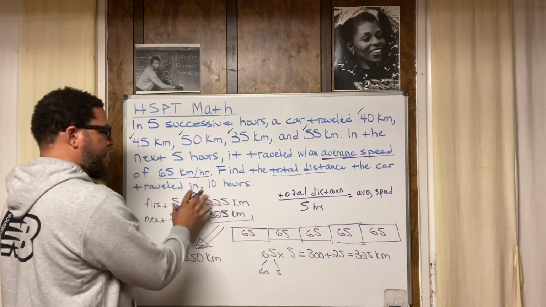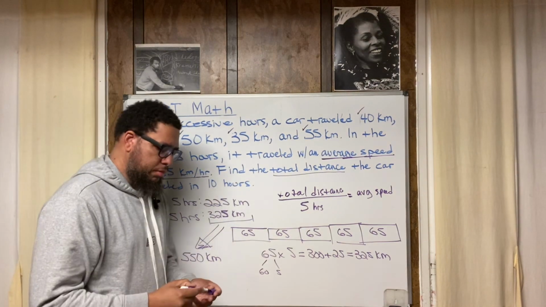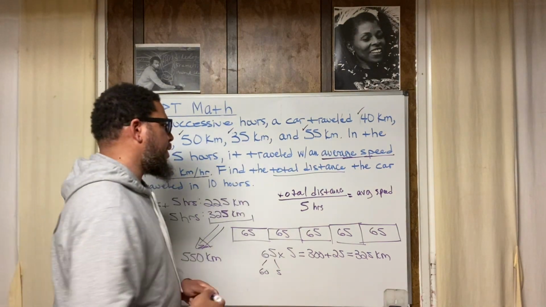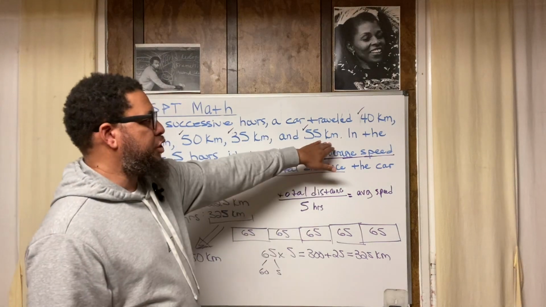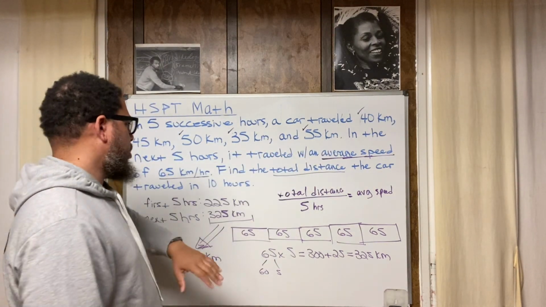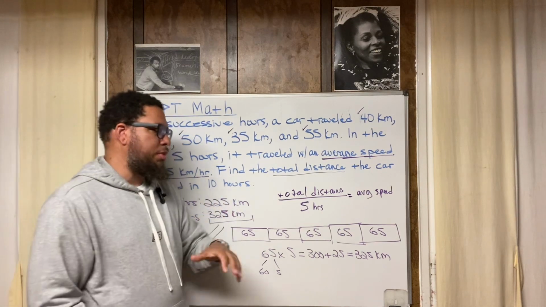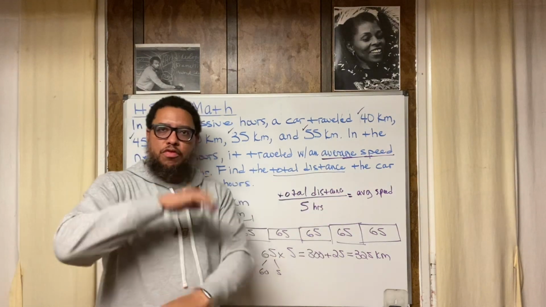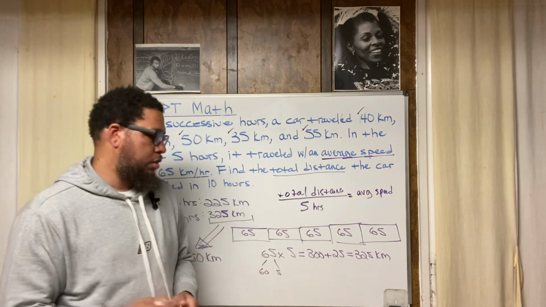That's the total distance traveled in that 10 hours. All right. But the major takeaway, I think, is understanding how to take average speed and use that to find the total distance. Basically, we're just using the formula for average and reversing it or flipping it, working backwards.